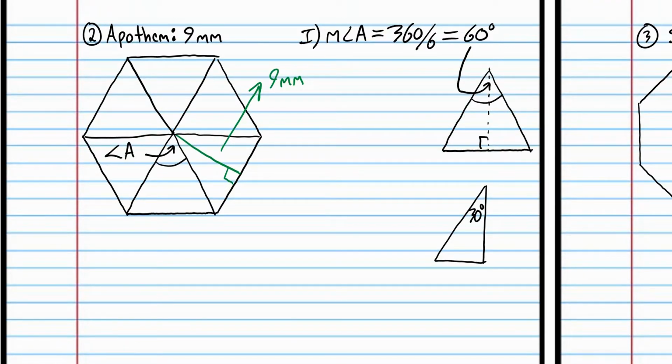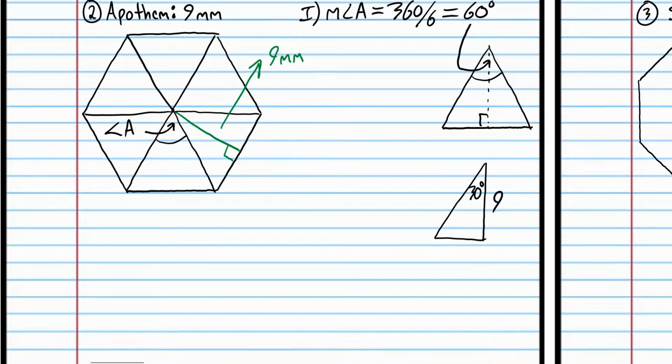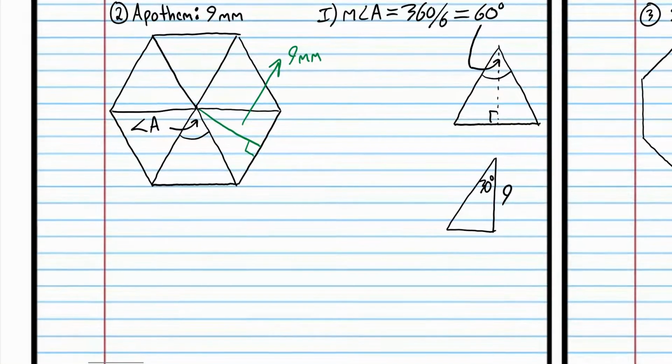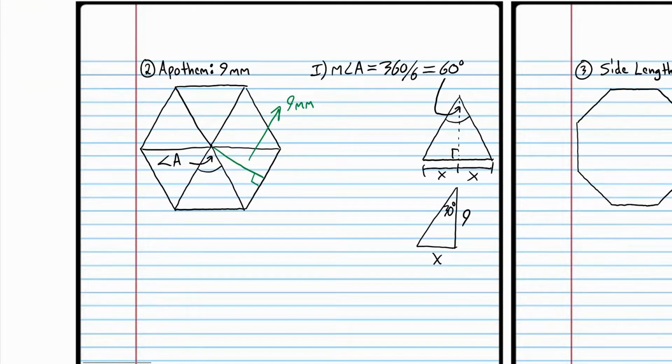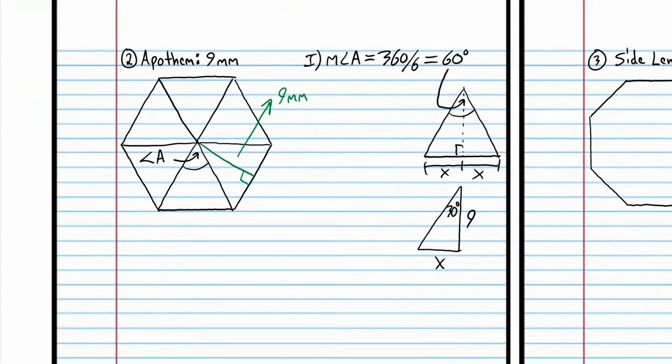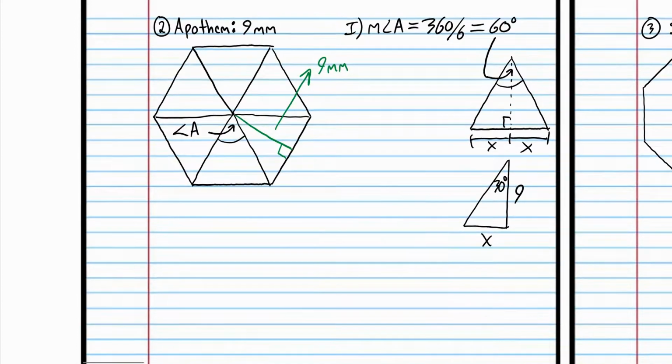And the height we actually know is 9 millimeters. Again, if you drop this down here, we know that that's the apothem. And then this side we definitely need, we're going to call that x as usual. And so we're going to use this side and this angle to find the base. We already know the height. So these problems are going to be a little easier.